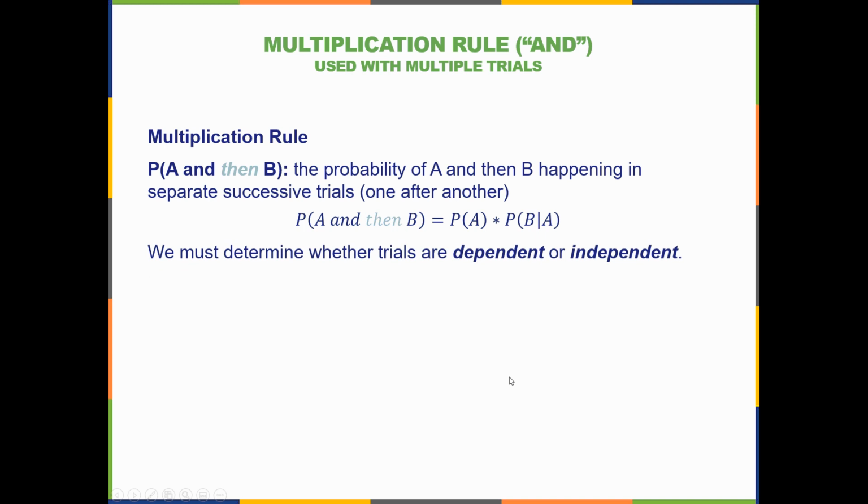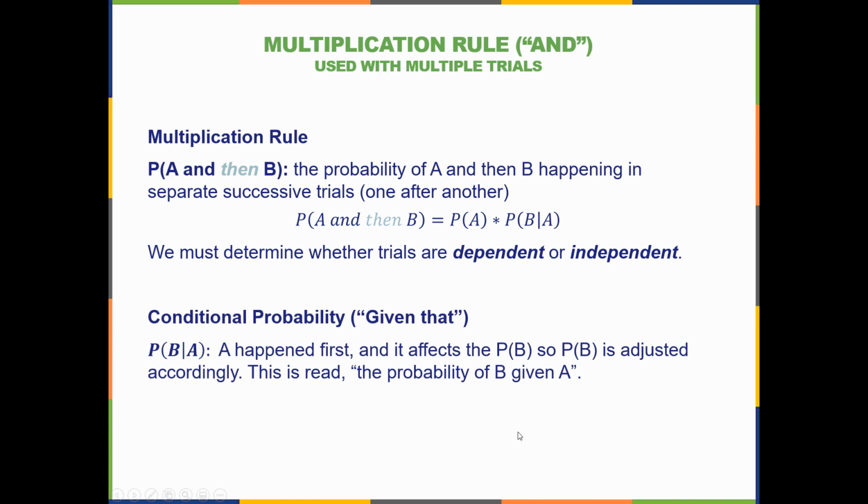This is where we determine whether the trials are dependent or independent. Notice that conditional probability, which we covered in a previous video, shows up in the formula of the multiplication rule. So conditional probability and whether trials are dependent or independent are all related.